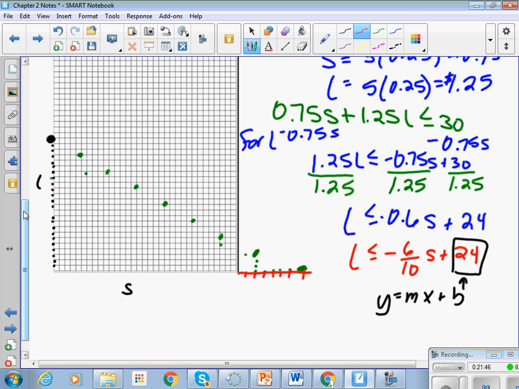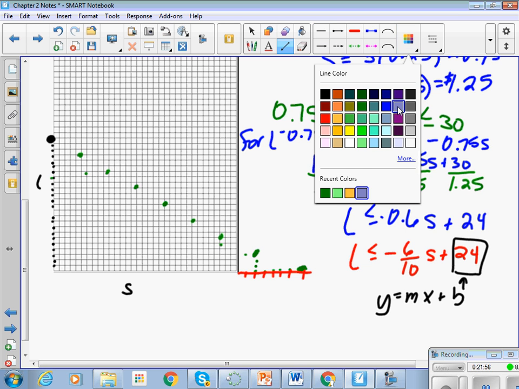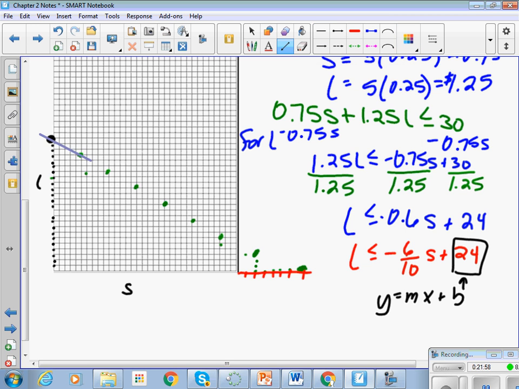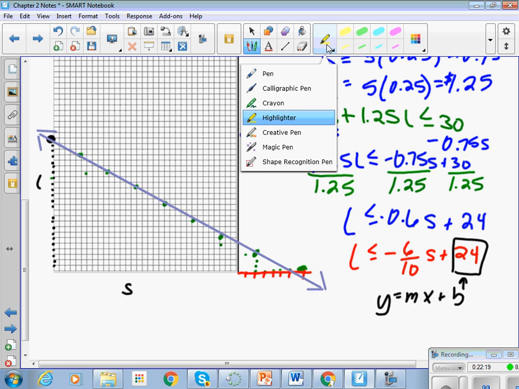I have to extend this out and keep going. All right, let's draw my straight line. We are included, so it's going to be a solid line. I'll make it periwinkle just for fun. Okay, so I have a solid line and I want everything below that line. So I'm going to shade everything below because it's all the L's that are less than or equal to.